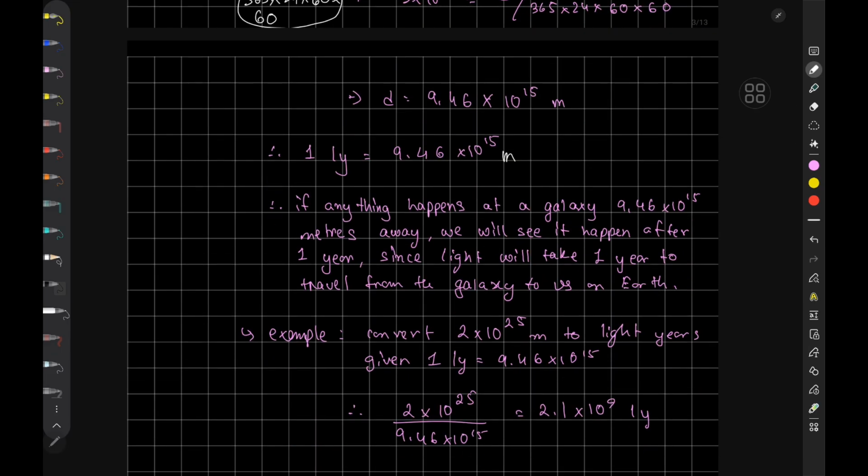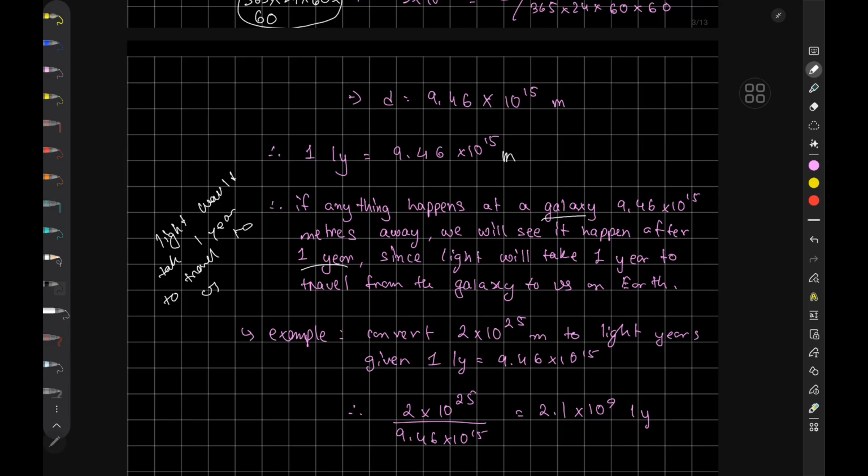So it's really far away. So let's say if anything happens at a galaxy that is 1 light year away from us, then we will see what has happened there after a year. Why? Because light would take 1 year to travel to us.